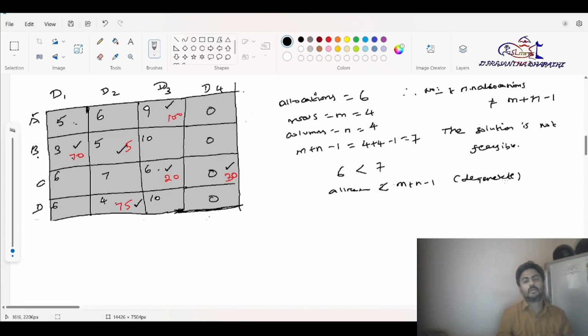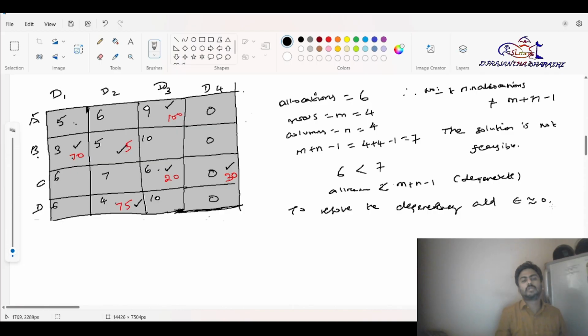So write that to resolve the degeneracy, add a small quantity epsilon that is approximately equal to 0.